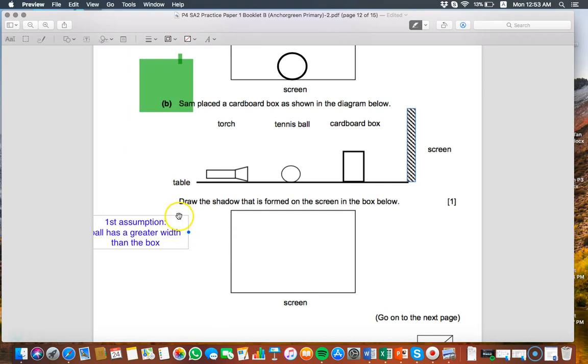Your shadow will look different from the second assumption, where the ball has a smaller width than the box. So there are two assumptions here.